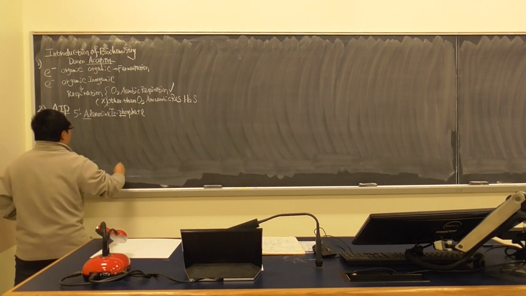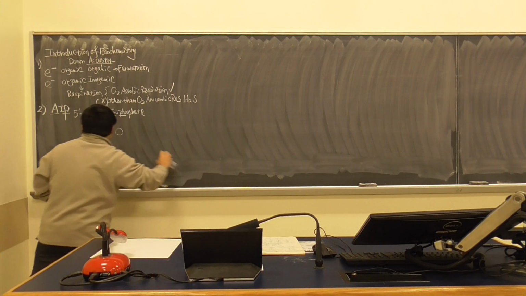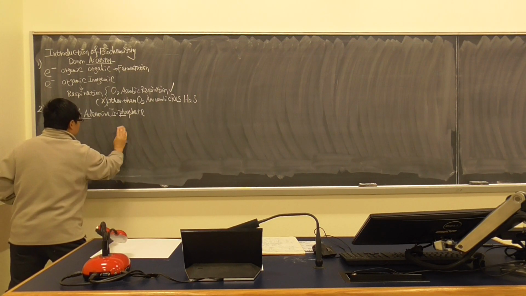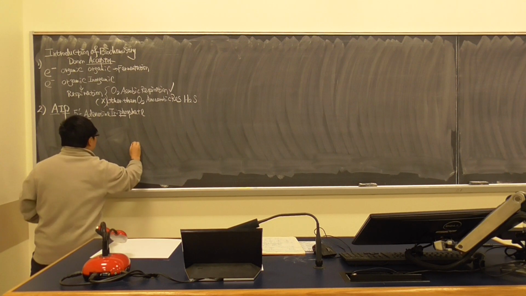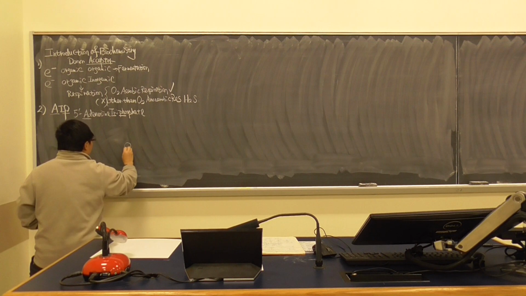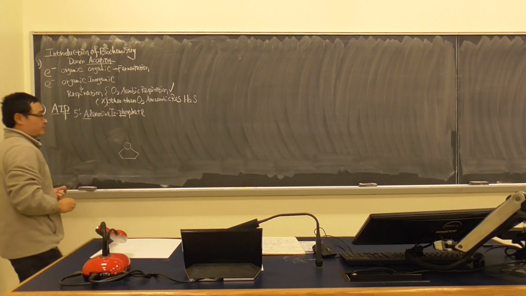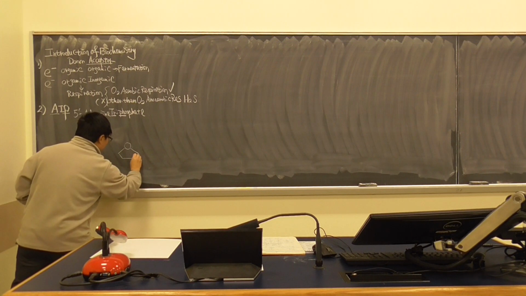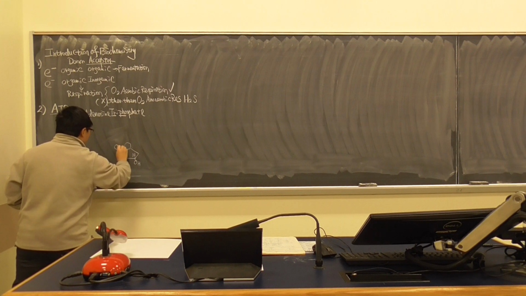Very simple. We have a major one right here. This is maybe too small, so I'm going to draw it right here. We have this 5-carbon ribose. This 5-carbon ribose has H, OH, H, OH, then H, CH2OH right here.